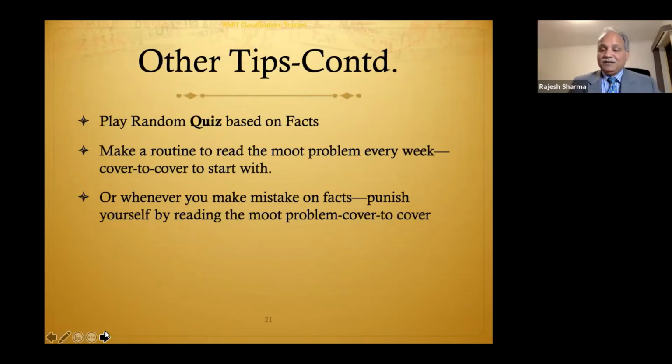You can do that on your own. You promise yourself that whenever I miss the facts, I will go and read the moot problem cover to cover again. And in this way, it will help you to understand the facts more and more and more.